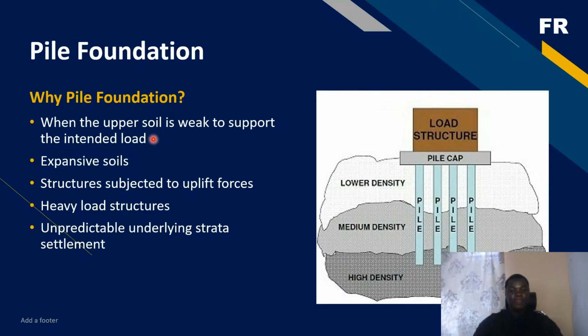So the moisture content determines a lot about the property of that soil. This kind of soil is not really a good soil to lay your foundation in. So in that kind of situation, it's better you go for a deep foundation where you know that all the load will be transferred to a much higher density soil strata.